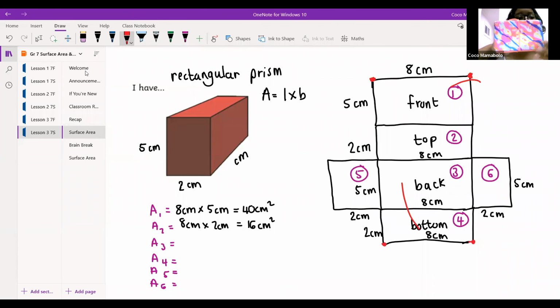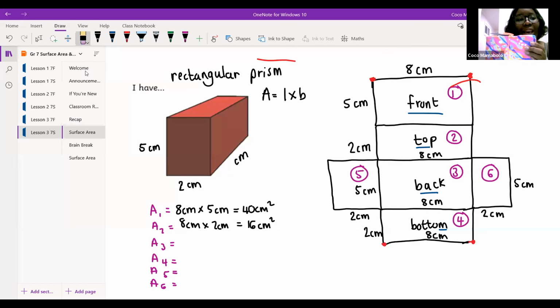If I go front, top, back, where do I need to go next? Then it's the bottom. Good, the bottom. That's exactly what we did here: we first did the front, then the top, then the back, and then the bottom.